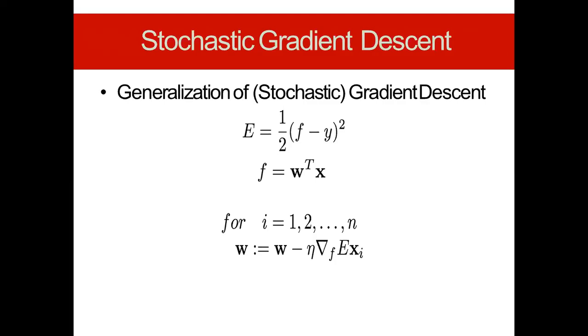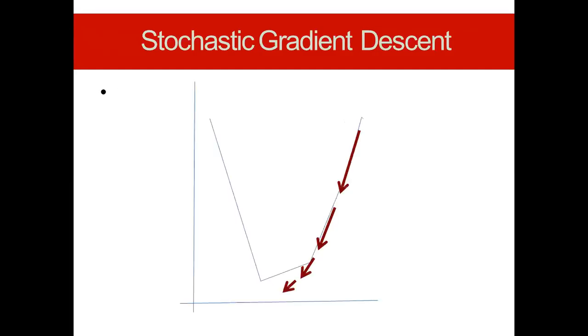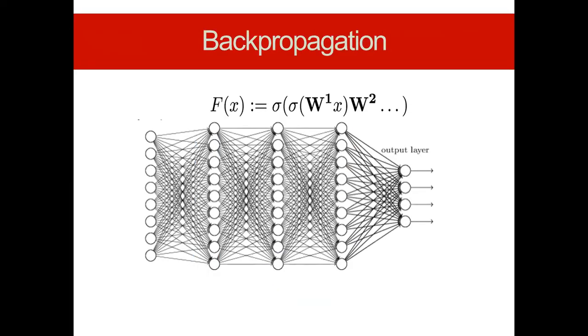In deep learning, we apply the same technique to estimate parameters. The only difference is that now F is not a simple linear function. F is a complex nonlinear function produced by these layered neural networks. This F looks like a nested function.